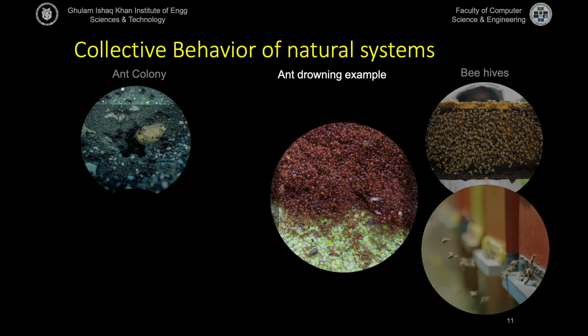For example, the shortest path to food is actually found without using many complicated systems or stimuli or planning. Ants actually find the shortest paths to food and take it back on that path. And the phenomenon that they use, of course, we'll discuss later in the ant colony optimization problem.